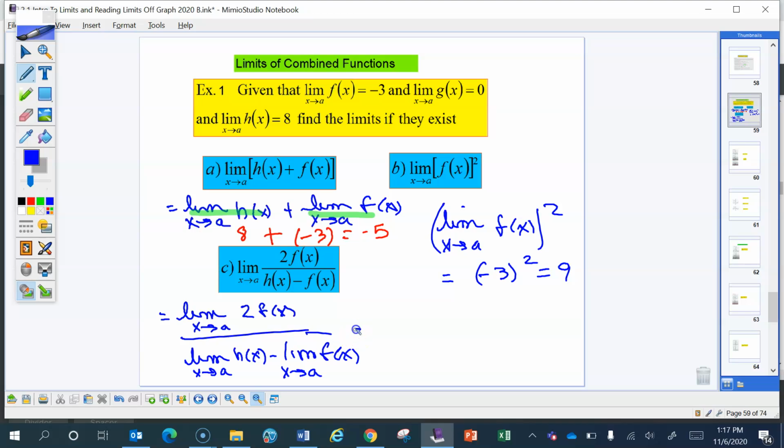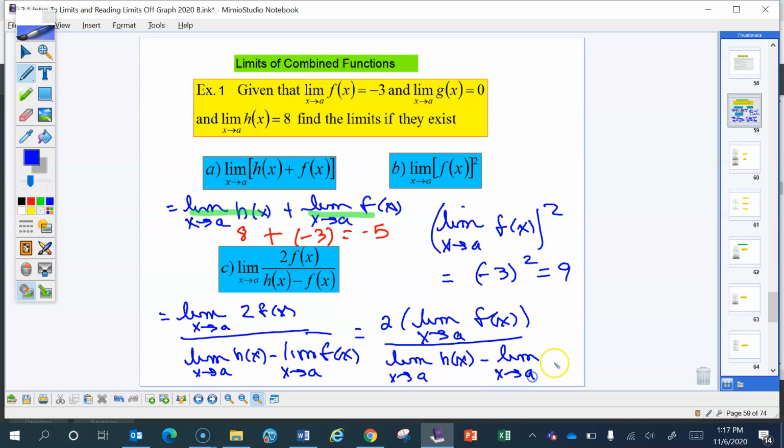And now I am going to apply the constant rule, which says I can bring my constant out front. And this is really 2 times the limit as x approaches a of f of x, all divided by the limit as x approaches a of h of x minus the limit as x approaches a of f of x.